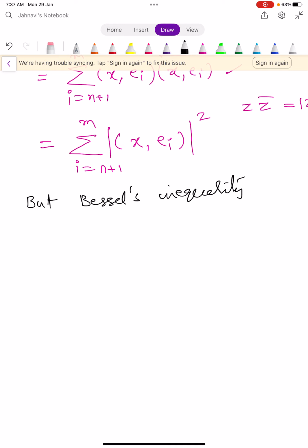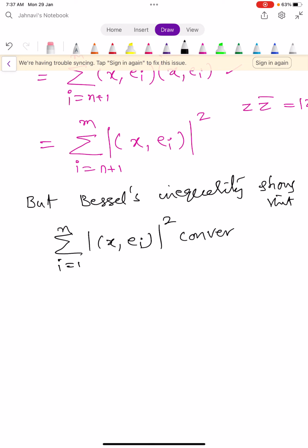Bessel's inequality shows that the summation over i equals 1 to n of mod inner product of x comma ei whole square converges.